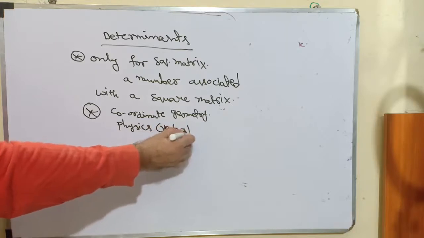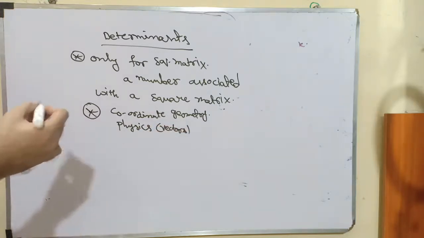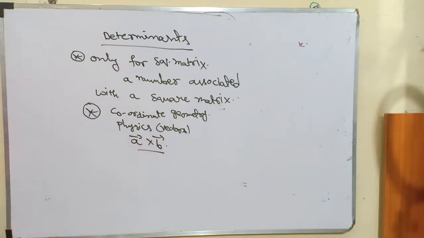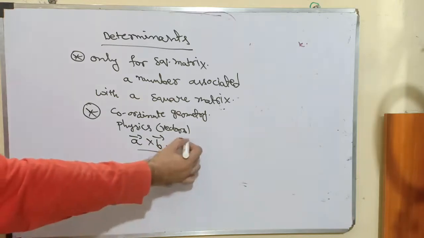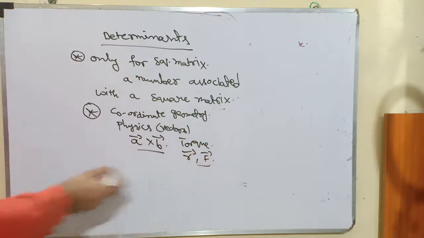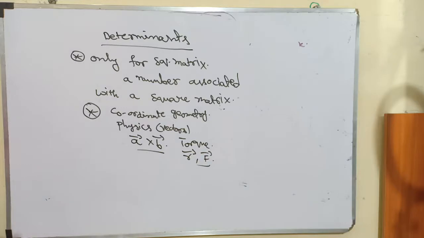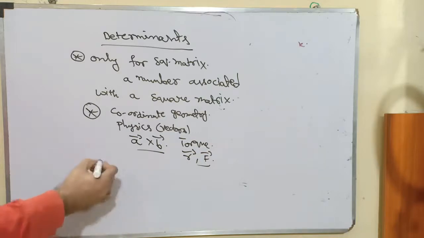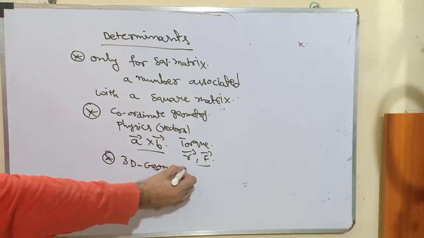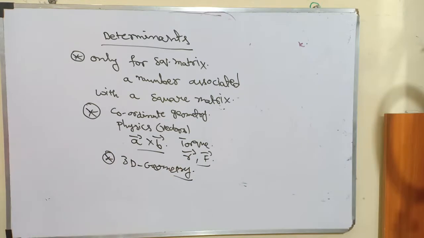We have tremendous applications of these determinants, where you would have seen in vectors the cross product of vectors, A bar cross B bar, and in your first year physics, the calculation of torque, when R bar and F bar are given to you, you might have calculated R cross F. And of course there are several other things, like volume of a parallelepiped, that is 3D geometry, and area of a triangle, and so on. We have many applications of determinants.